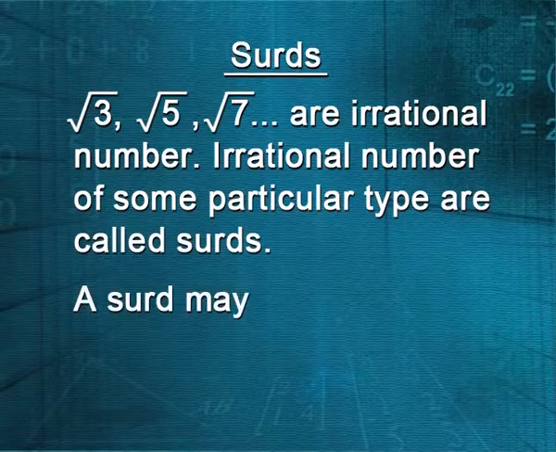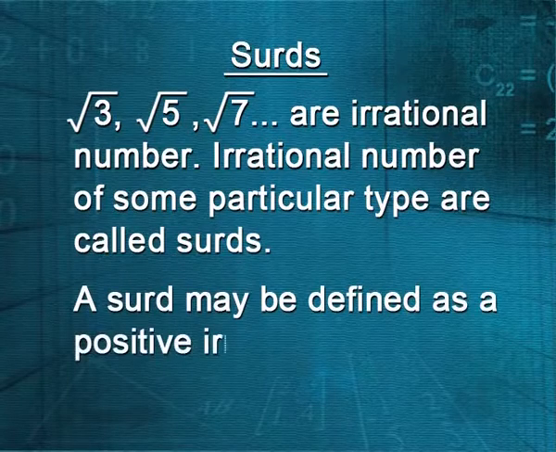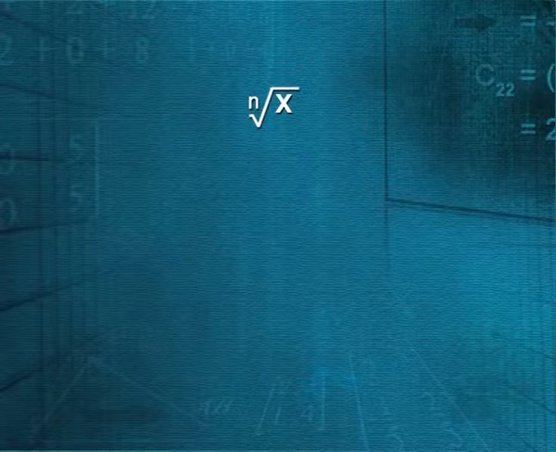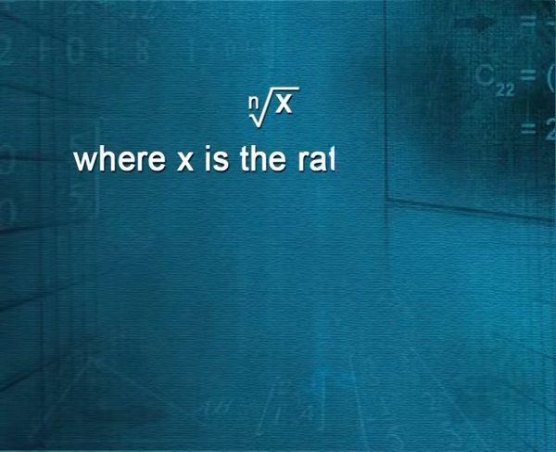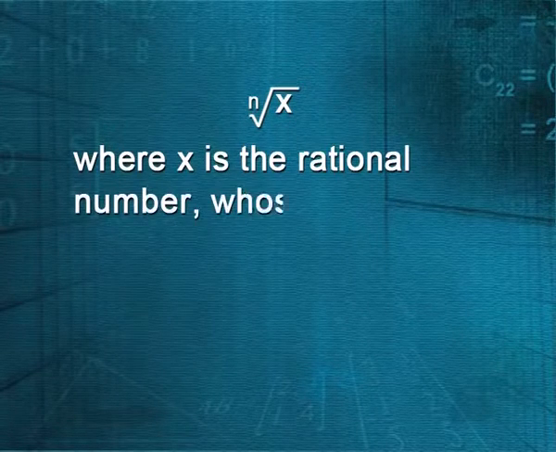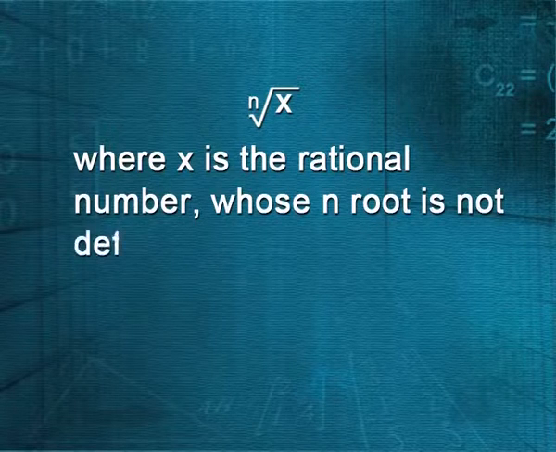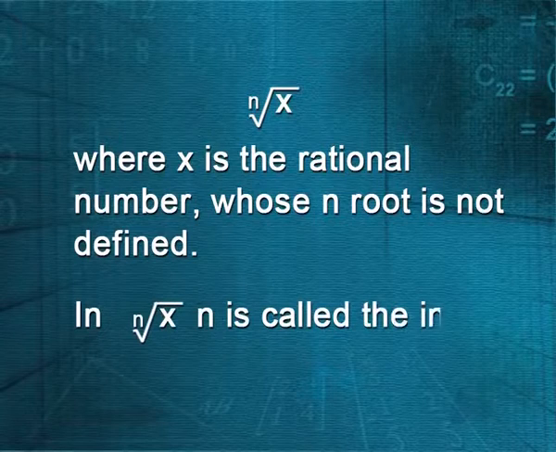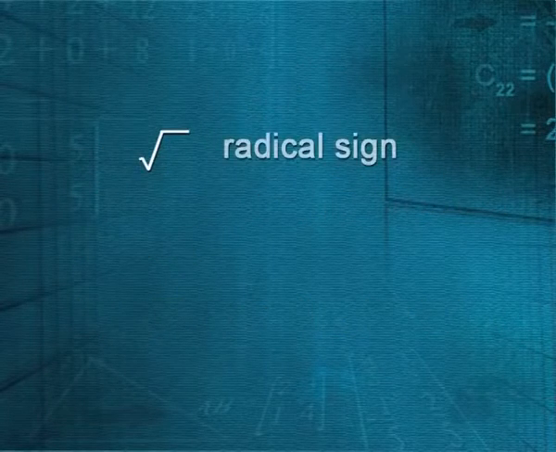A surd may be defined as a positive irrational number of the type nth root of x, where x is a rational number whose nth root is not defined. In nth root of x, n is called the index of the surd and the sign is called the radical sign.